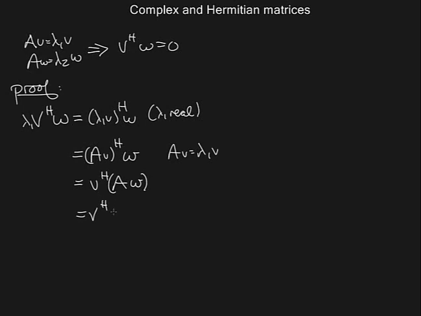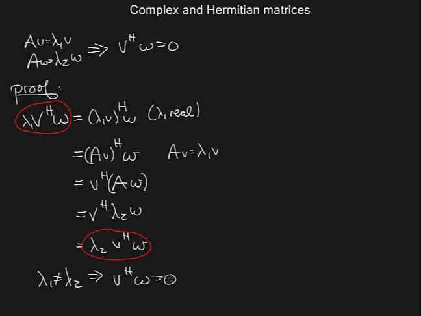And if you put in your parentheses here, you get V^H times lambda 2 W. And you pull the lambda 2 out and you get lambda 2 V^H W. So there we go. We have lambda 1 times something is equal to lambda 2 times something. And if lambda 1 is not equal to lambda 2, then the something must be 0.